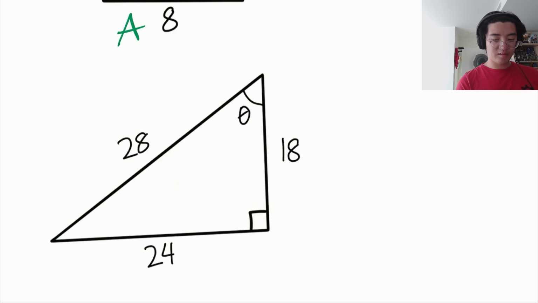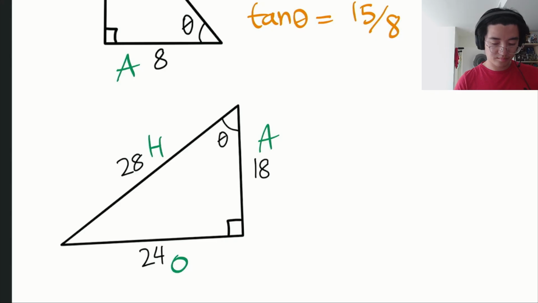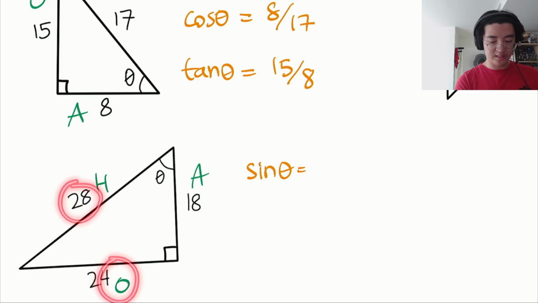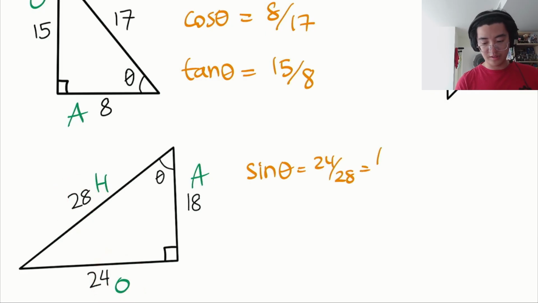Okay. Across from the right angle, that's the hypotenuse. Across from the angle in question, theta, is the opposite. Adjacent to that is the adjacent. Okay. Sine is opposite over hypotenuse, which is reduced to 6 over 7.